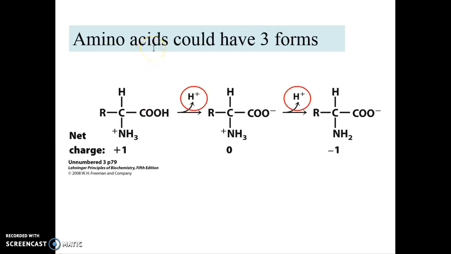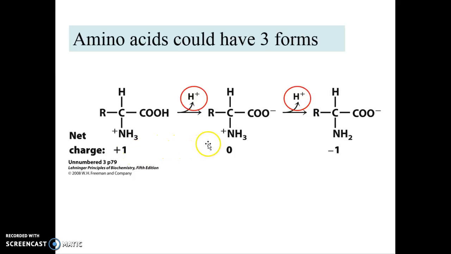As you know, an amino acid could have three different ion forms depending on the pH and pK values in general. At extremely low pH, it exists with a positively charged amino group, so altogether a plus one net charge.